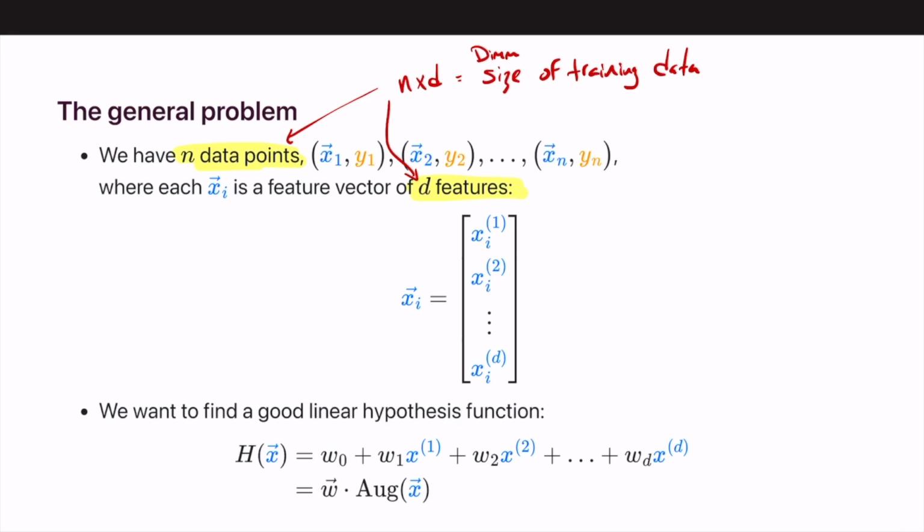And so every x sub i is a feature vector of d features.